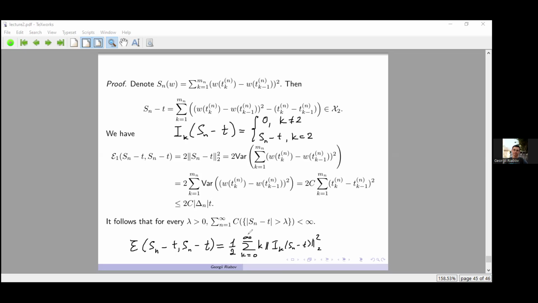So in this sum, the only summand that remains corresponds to k equal to 2. So this is S_n minus t squared. Next, we can find the E1 norm of S_n minus t, and it is equal to L2 norm plus E norm. So it will be equal to 2 times the L2 norm of S_n minus t squared.